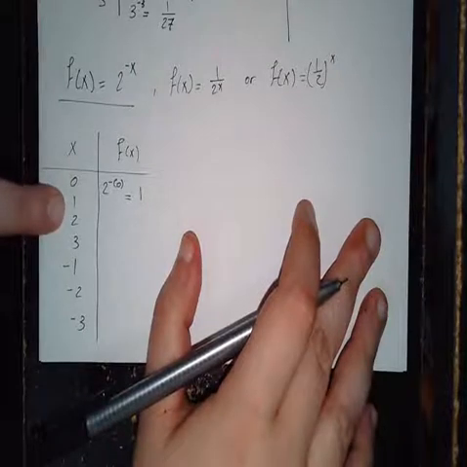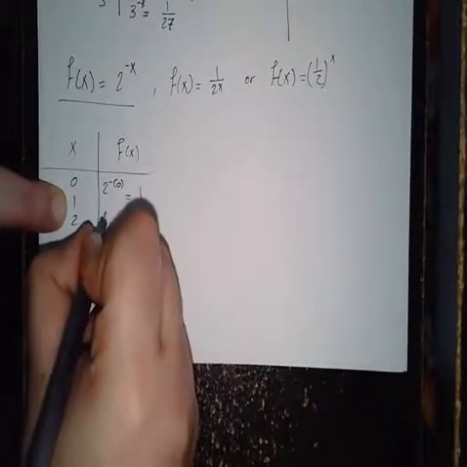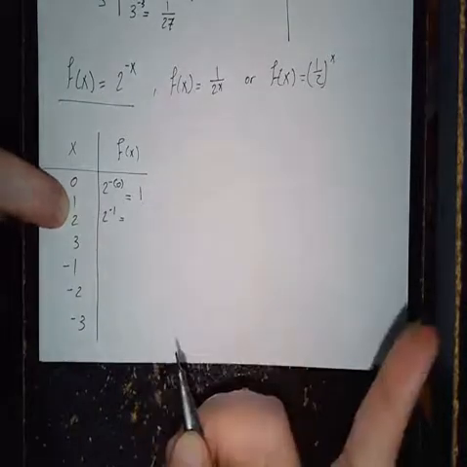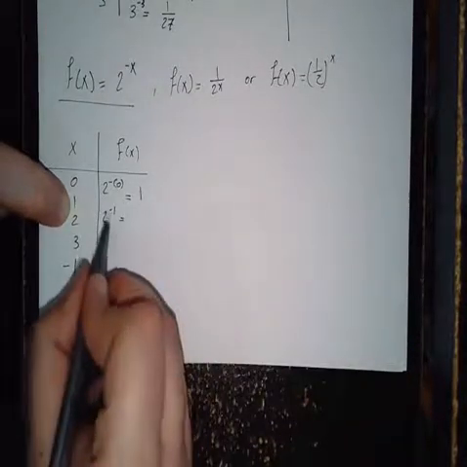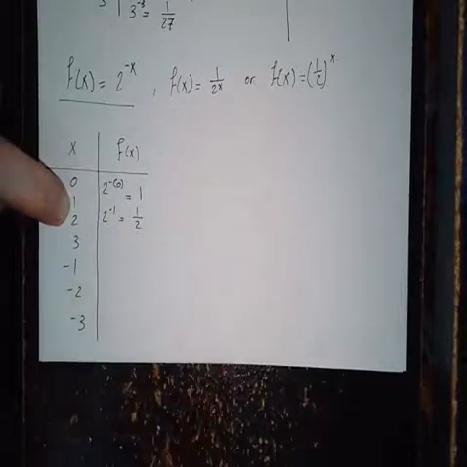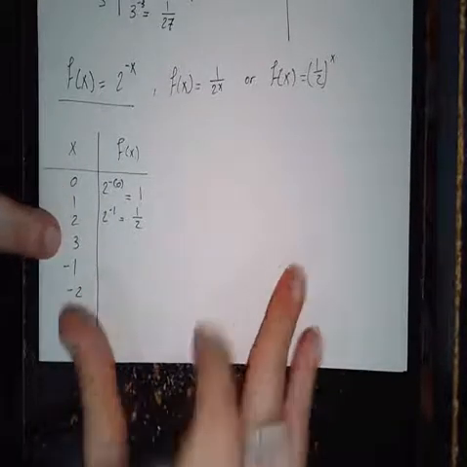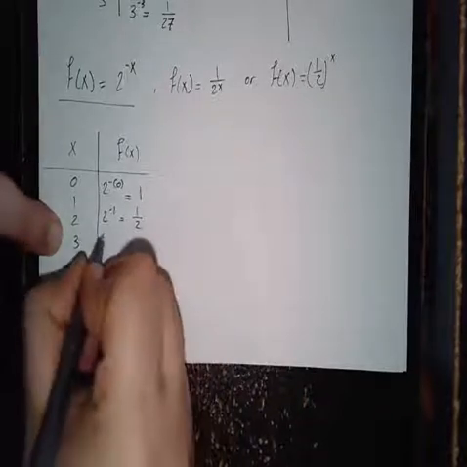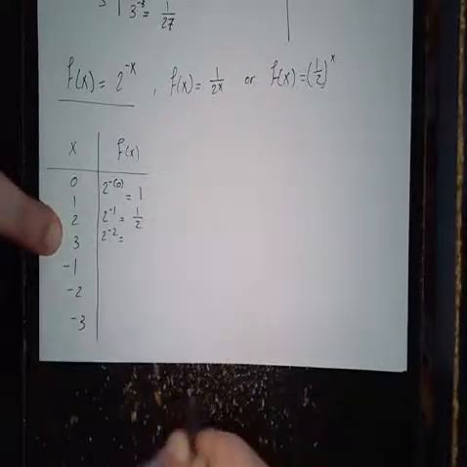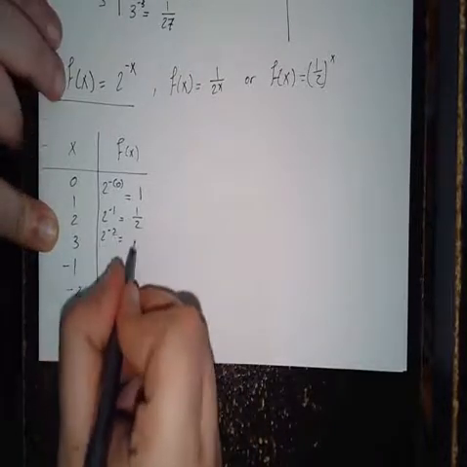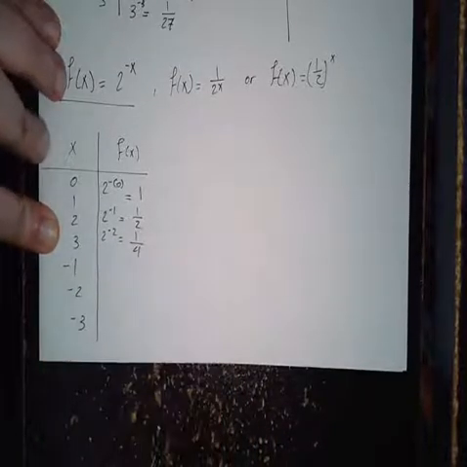Now, this one, where x is 1, you end up with 2 to the negative 1. So, 2 to the first power is just 2. Since it's negative, you put that 2 in the bottom. Okay? Right here. That makes it 2 to the negative 2 power. Again, 2 to the second power is 4. Since it's negative, it goes in the denominator.